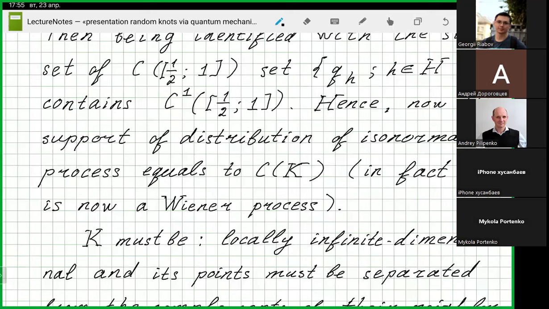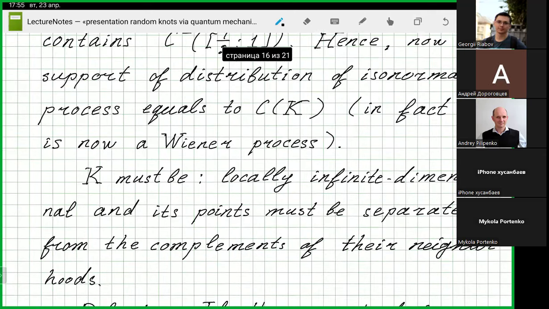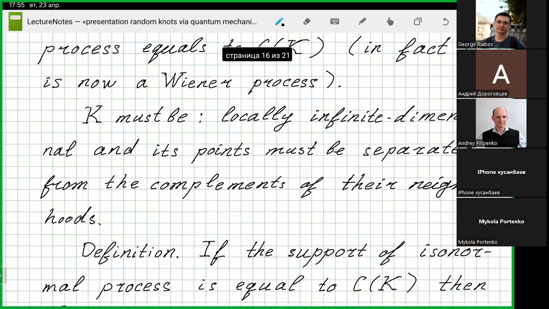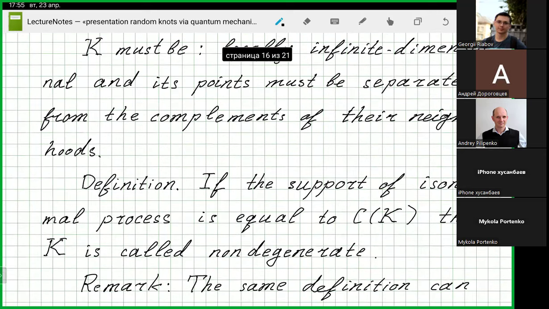Also, its points must be separated from the complements of the neighborhood. Definition: if the support of the isonormal process is equal to C_K, we call this case non-degenerate.